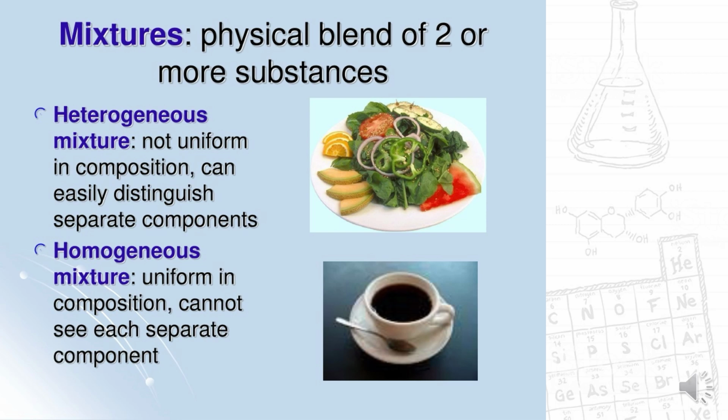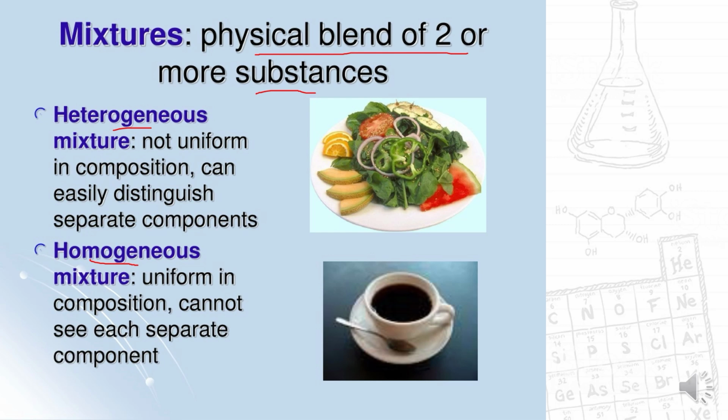We also saw from the classification hierarchy that a mixture too will split into either a heterogeneous mixture or a homogeneous mixture. So we are going to distinguish between the two types of mixtures, but we will first start by defining the term mixture. So a mixture is just the physical blend of two or more substances, and this physical blend or combination can be separated by any physical means.